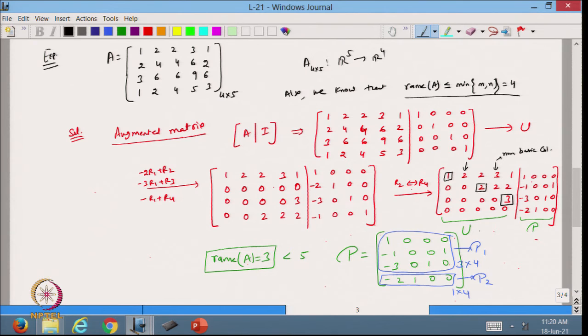I am writing the corresponding columns here: 1 2 3 1, 2 4 6 2, 2 4 6 4 and 1 2 6 3. So, this one we have written here, and this is okay.